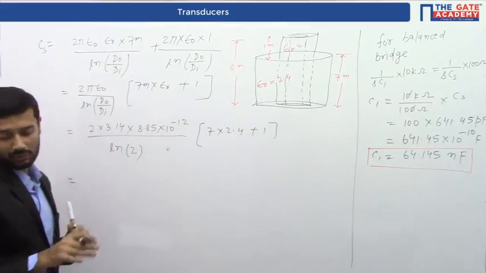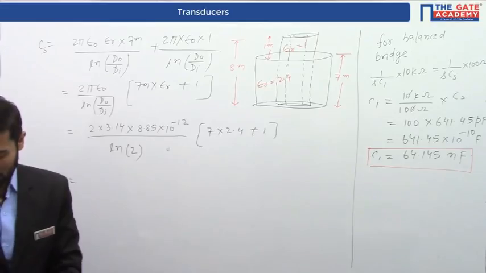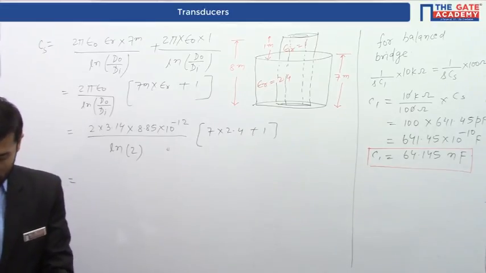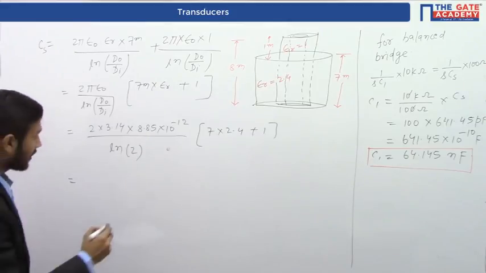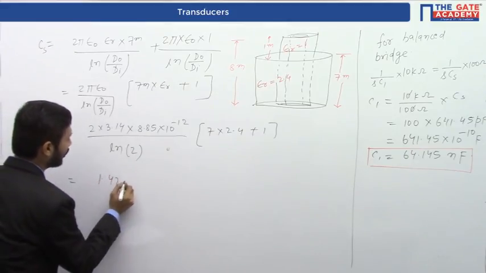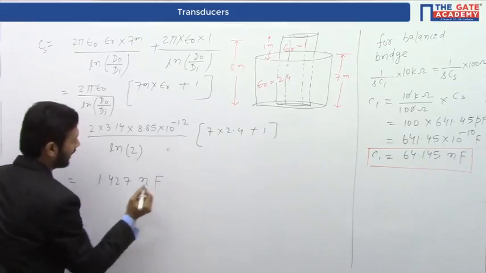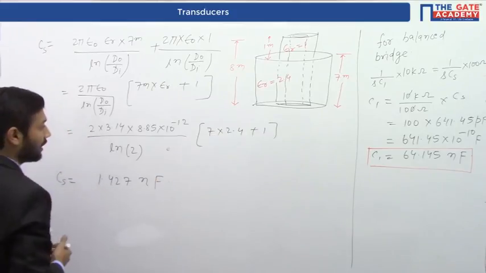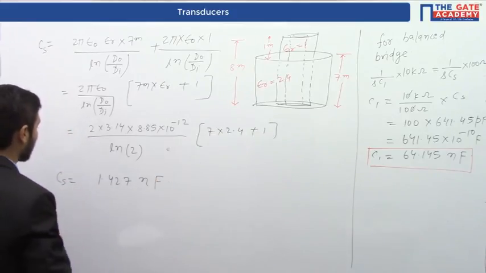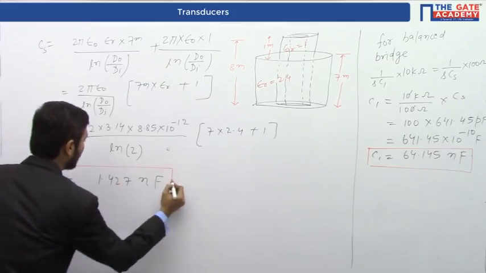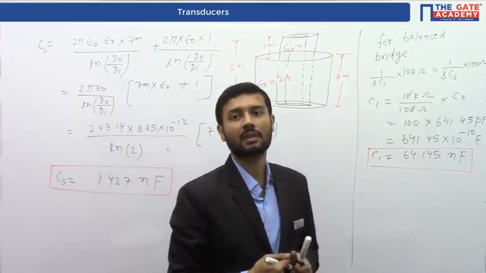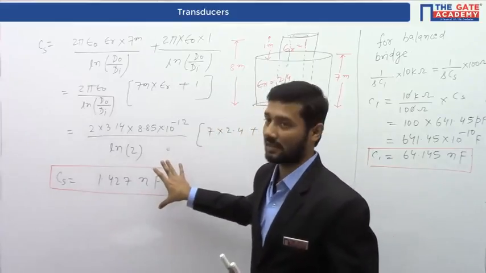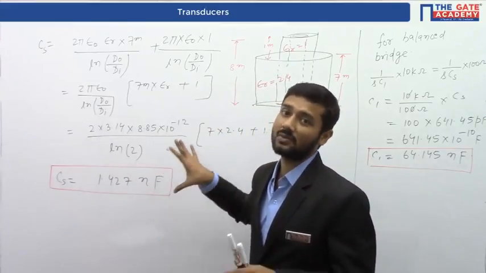If we find this value, we will get the capacitance Cs as 1.427 nanofarad. This is our required capacitance. This value of capacitance we have got.